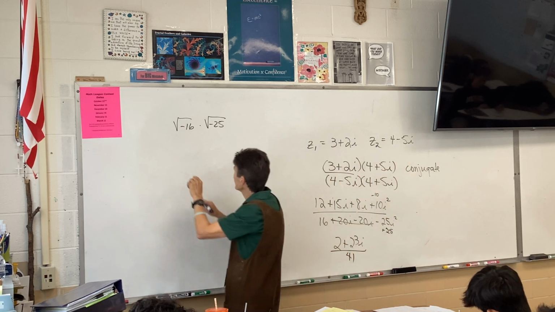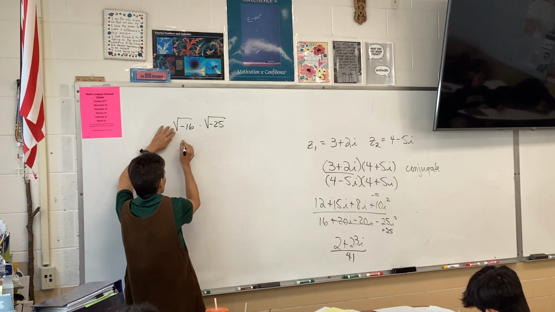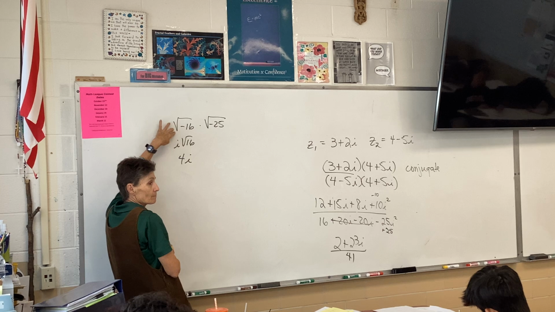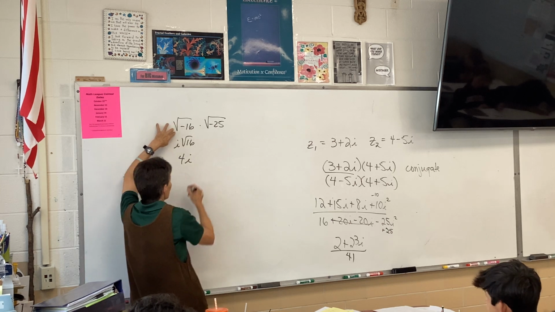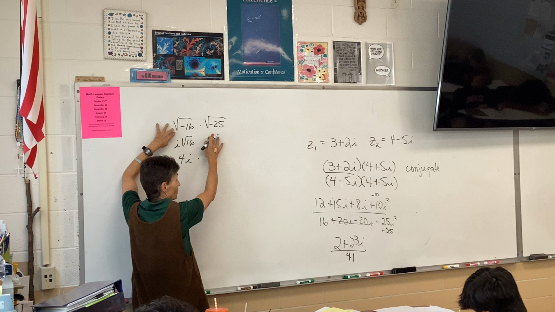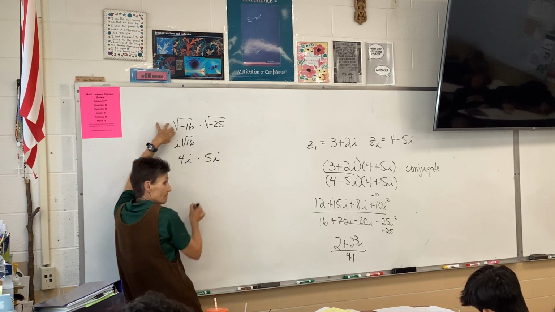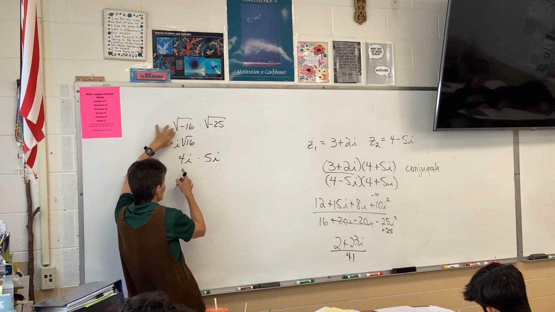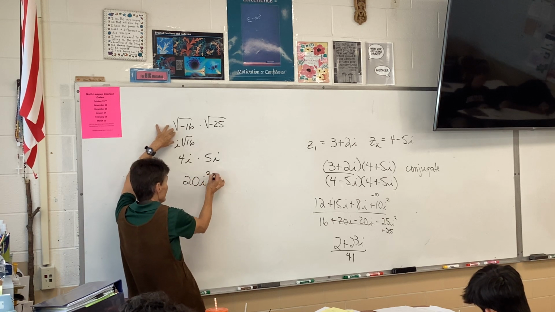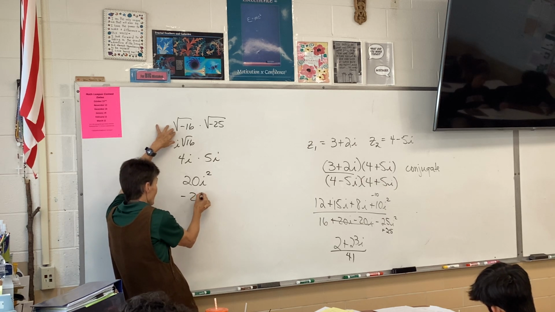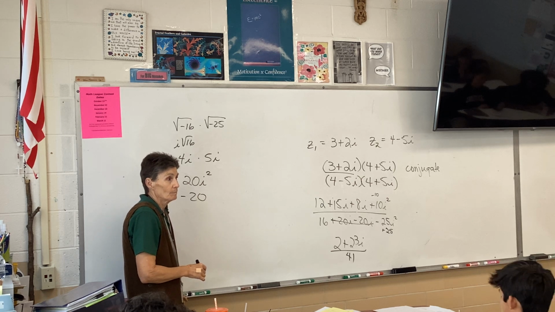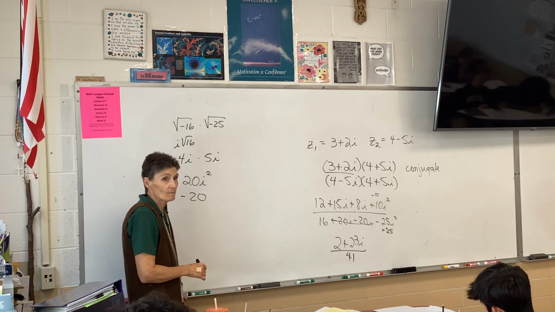So, I'm going to rewrite this as i root 16, which is 4i. And then I'll rewrite this one. This one will be 5i. We good? Then I'm going to multiply them together. And my final answer is -20. All right with everybody?